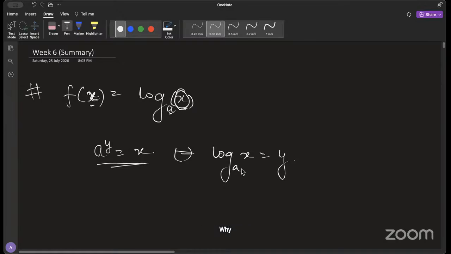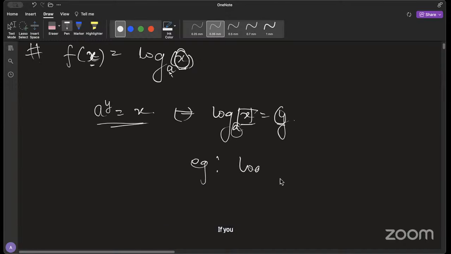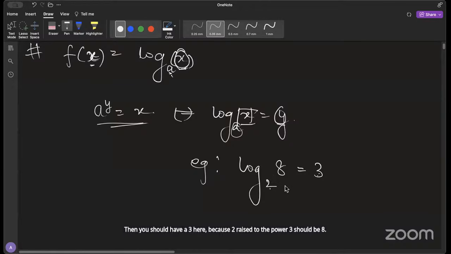This means that if I raise a to the power y, I should get this x. For example, if you have log base 2 of 8, then you should have a 3 here, because 2 raised to the power 3 is 8. That's how your log function works.